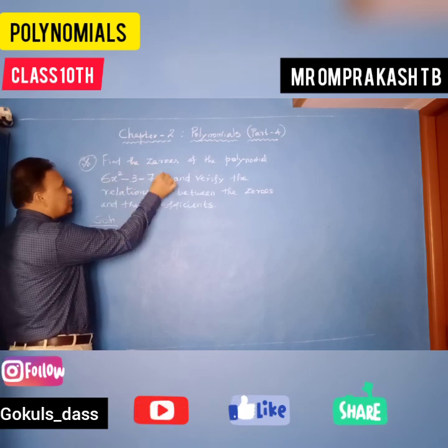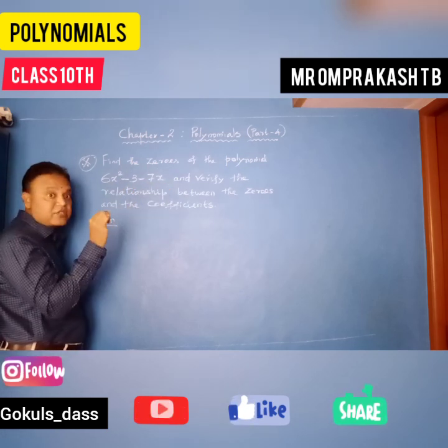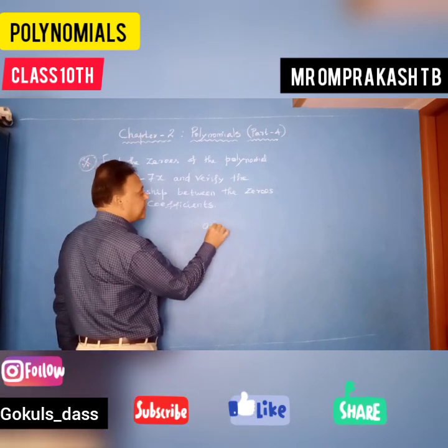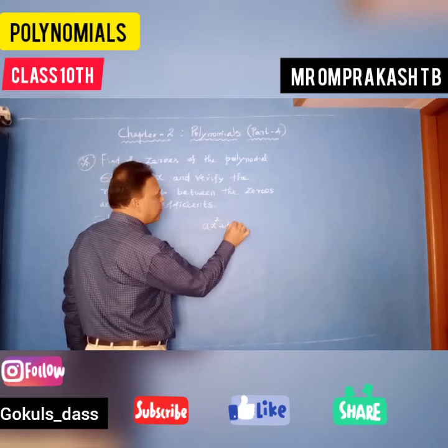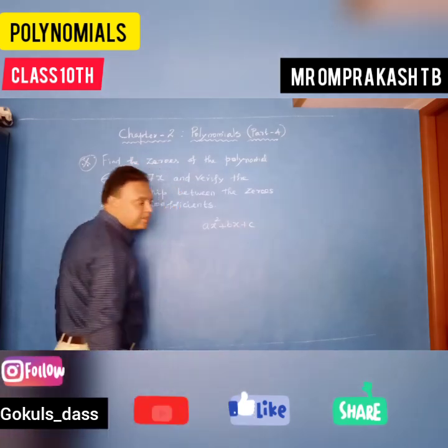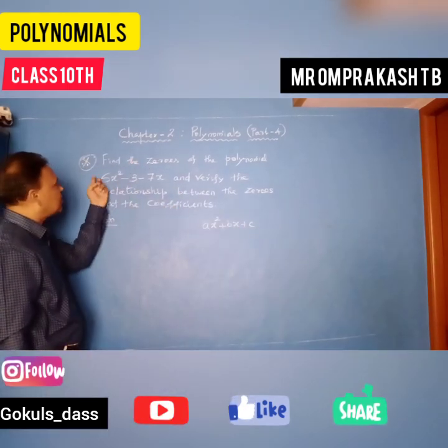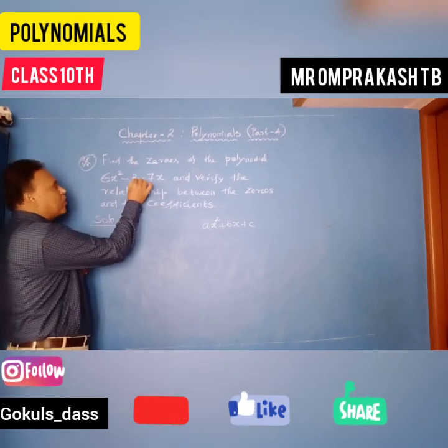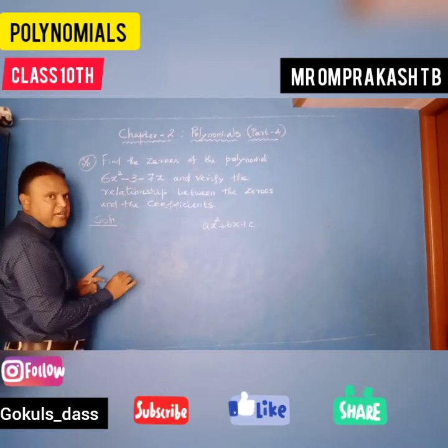First you take this polynomial in standard form. What is the standard form of the quadratic polynomial? ax squared plus bx plus c. Here this is not in the standard form, so first you write this polynomial in standard form.